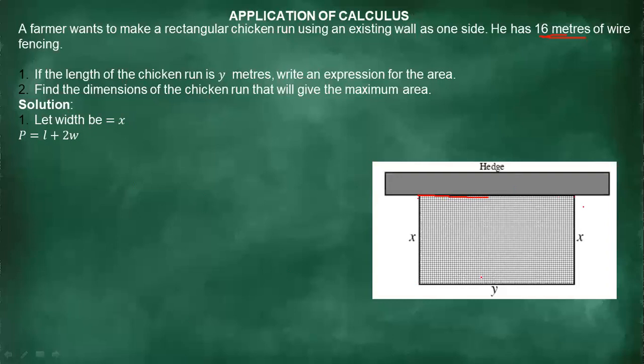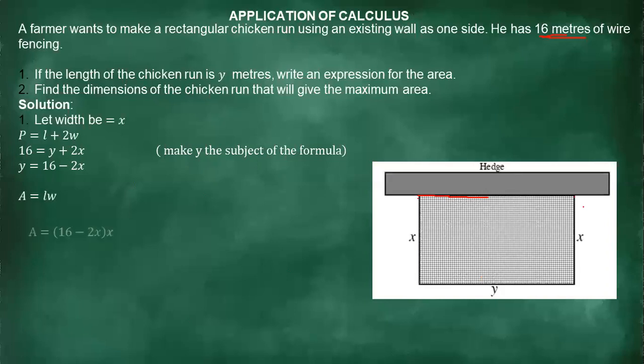We're only focusing on this side, so for length we have only one side. We substitute and make y the subject of the formula, so this is what we're having. Now we can start writing the area. You substitute, and that is the area that we'll be having.